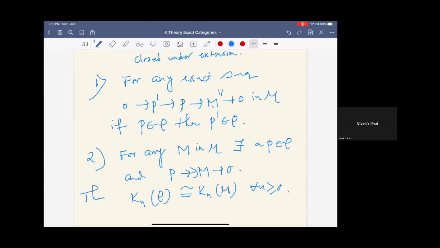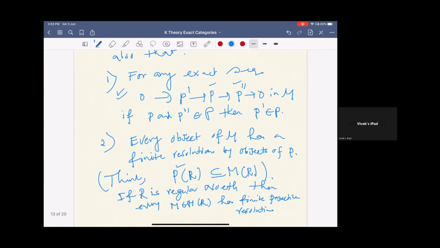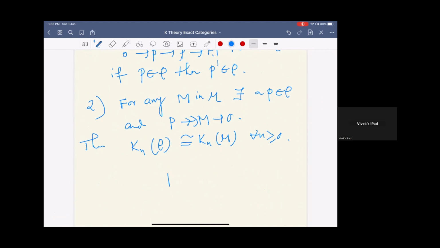So this is more general. Why is this more general? Because if you look at the condition, every object has a finite resolution. But here I am saying that given any object in M, we have an epimorphism from P to M where P belongs to rho. Now look at the kernel.